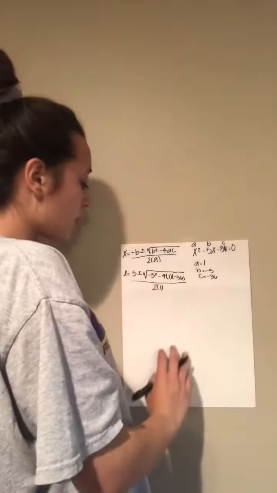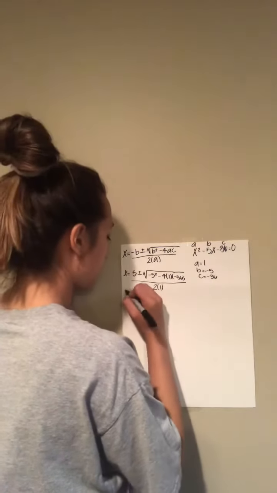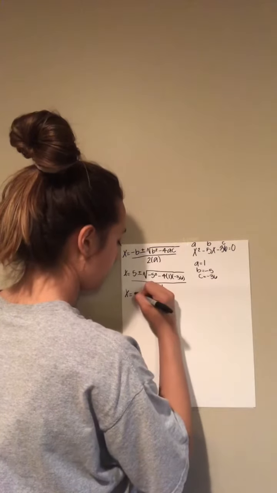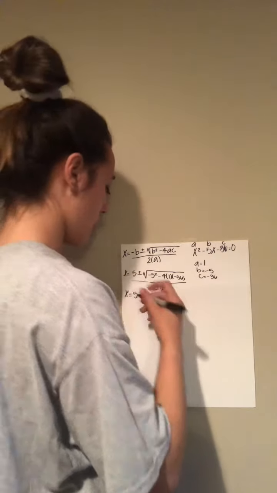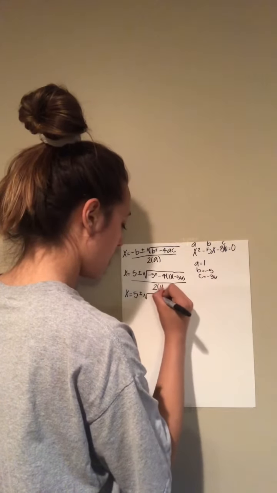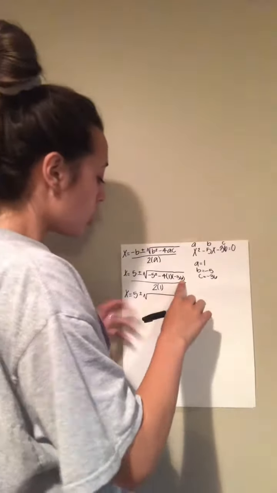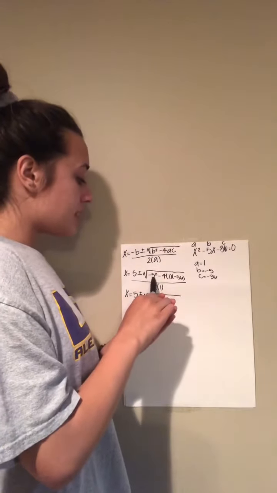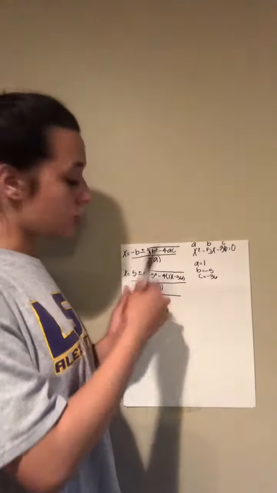So the first step in solving this equation is by bringing down x and this number, and in this case, the number is 5. So bring down 5, your plus and minus sign, and deal with everything in the square root first. So the first number we see is negative 5 squared. Well, negative 5 squared is 25.